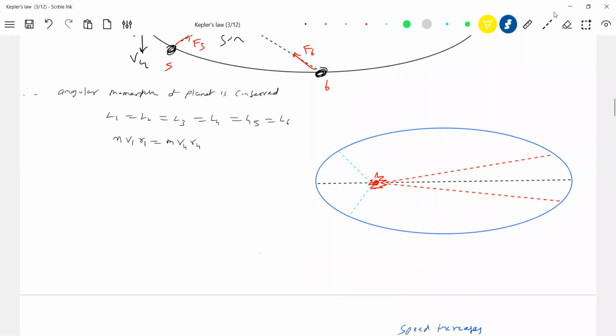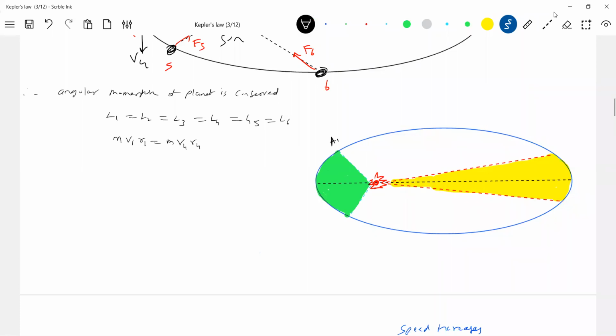I think I can shade this. What do you mean by equal area?